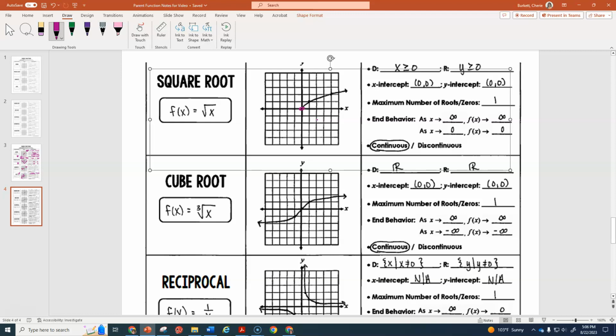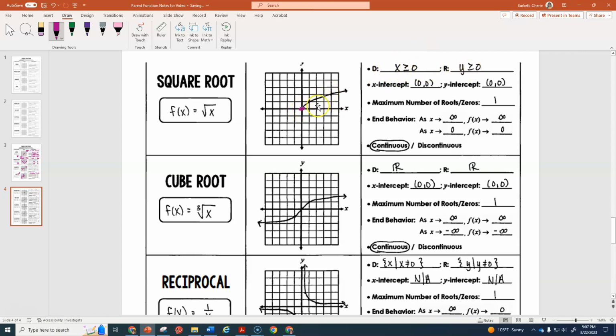This one is not very obvious. Let me get rid of that silly square. It's not very obvious on this graph, but it is a starting point. And that starting point makes things different for the domain and range.